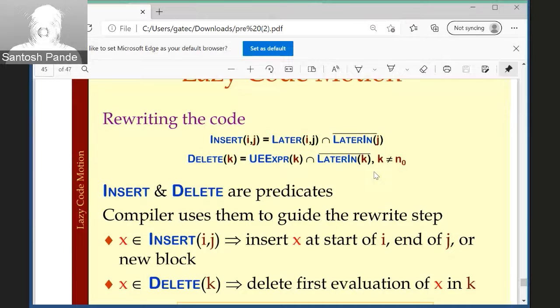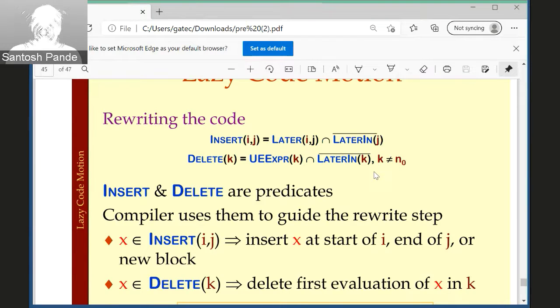What it means is it is covered at the beginning of that block. Why this false predicate? Because you can see that the first condition, the insert condition, would have taken care of it. It was partially available. It was available along one edge. It was not available along another edge. That led to that later in K being false.